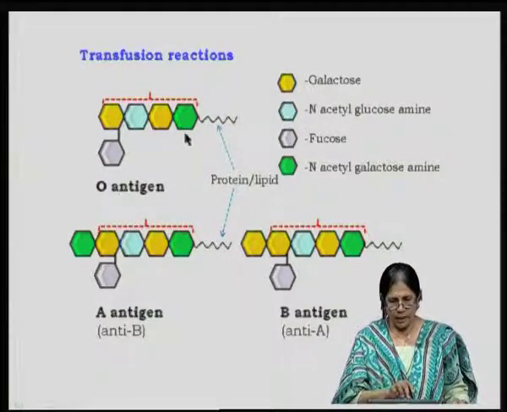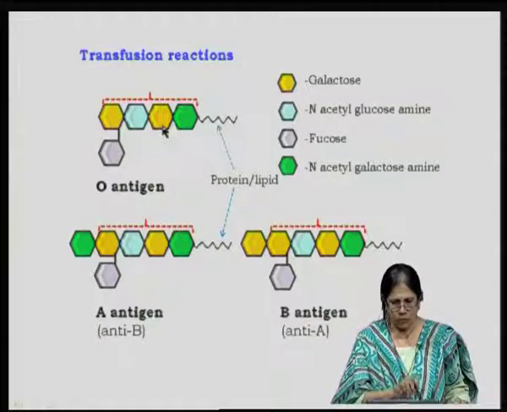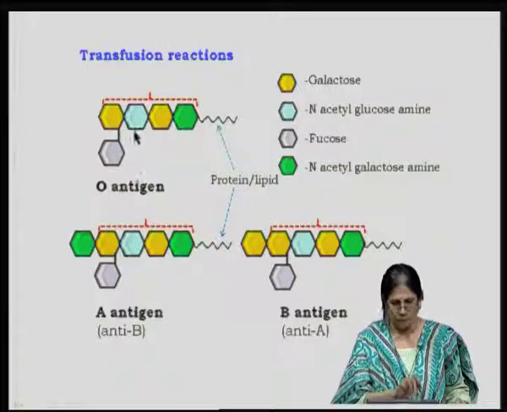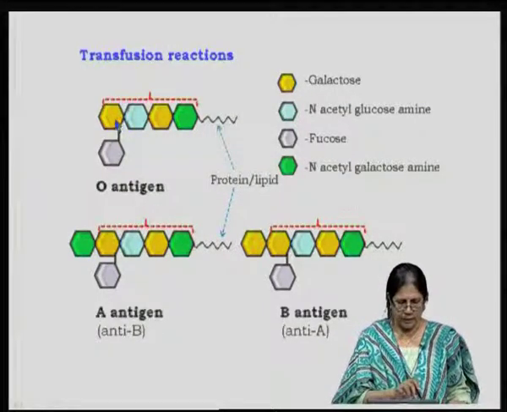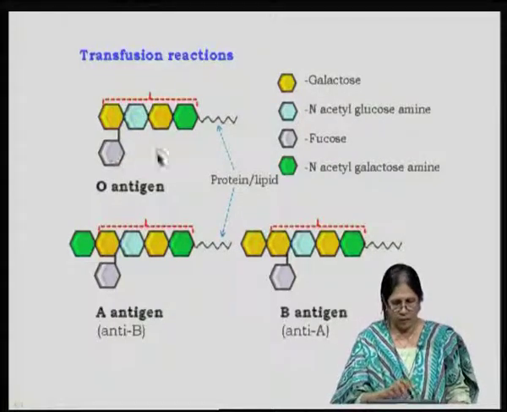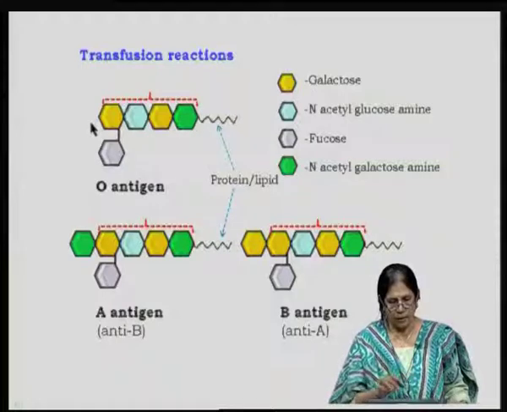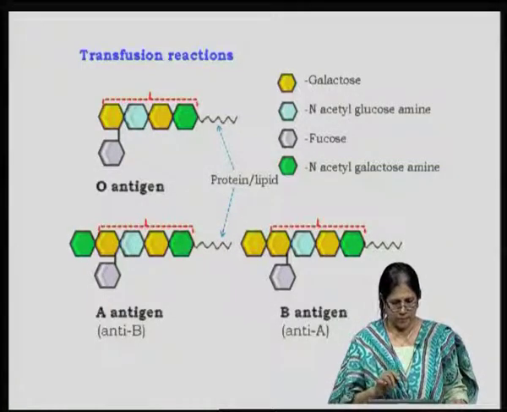Therefore, now the sugars are N-acetyl galactosamine green, galactose followed by N-acetyl glucosamine followed by galactose. Now, these 4 and the last one is bound to fucose. Now, therefore, these 5 sugars in sequence are present on all the blood group red blood cells.